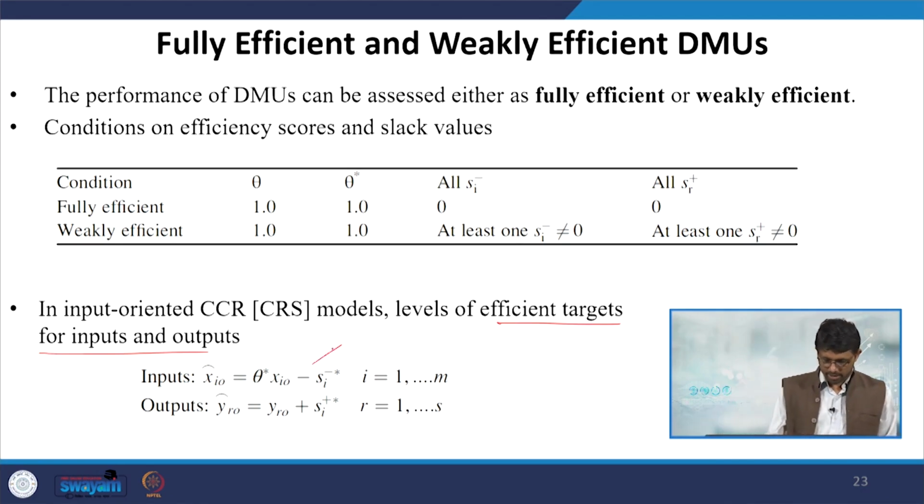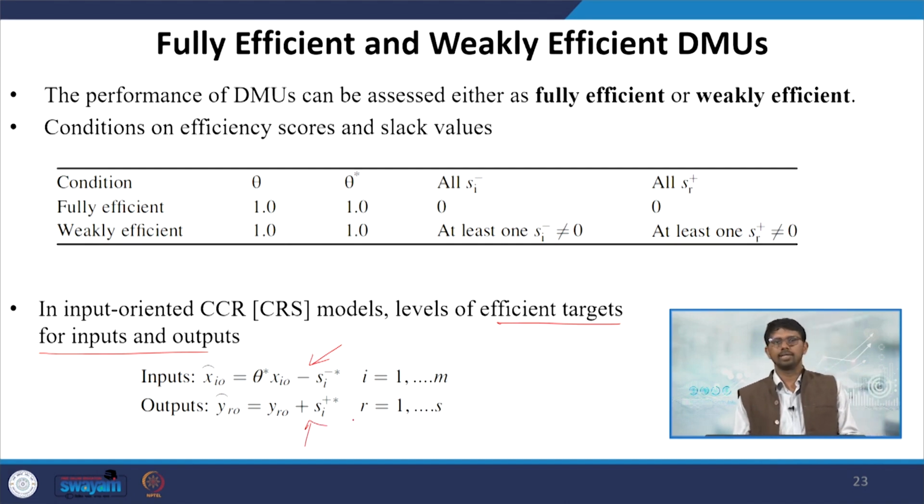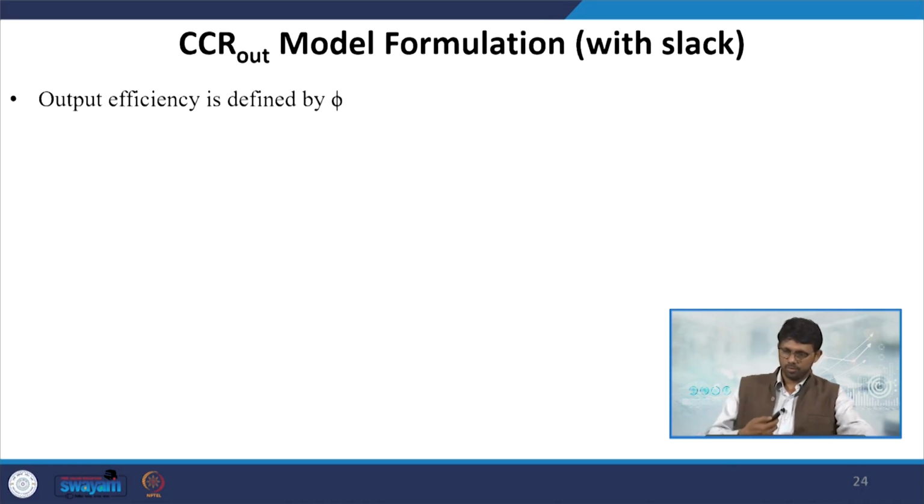Therefore, minus is given. Whereas in the case of output it has to be added: more positive slacks should be added to the output. Okay. Therefore, a target symbol is given, and every time we have discussed with the rth level of output or ith level of input. Okay. So, CCR input so far we have discussed in detail.